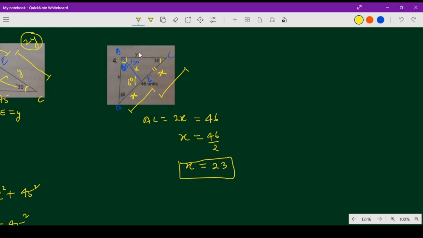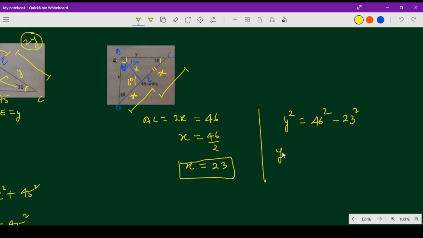Now the value of x is 23 and the hypotenuse is 46. So we can find the value of y with the Pythagoras theorem. Here this is 46, which is the hypotenuse. So y square is equal to 46 square minus 23 square.